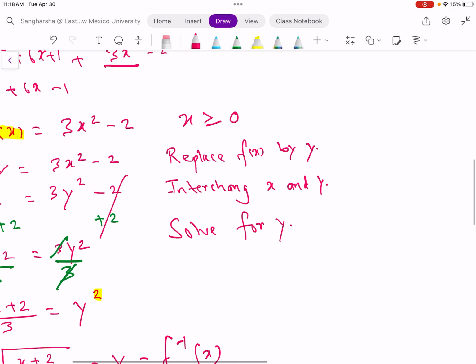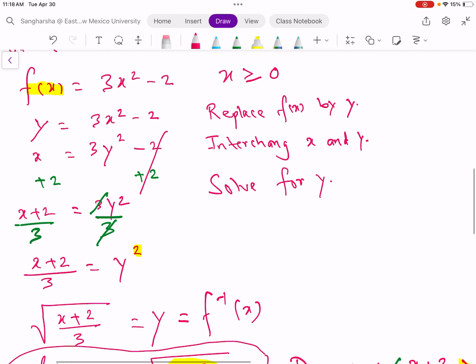And here are the steps to find the inverse function. You replace f of x by y, you interchange x and y, you solve for y, and your solution is the inverse function. And make sure to find the domain of function f and the domain of the inverse function.